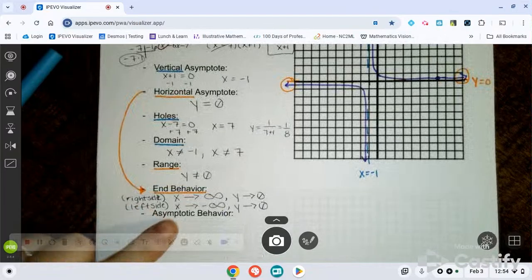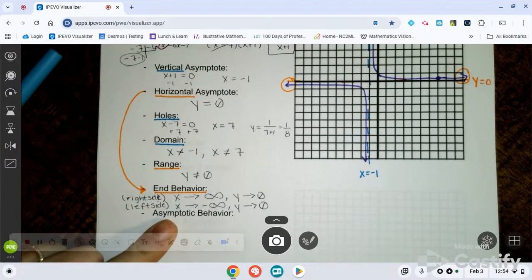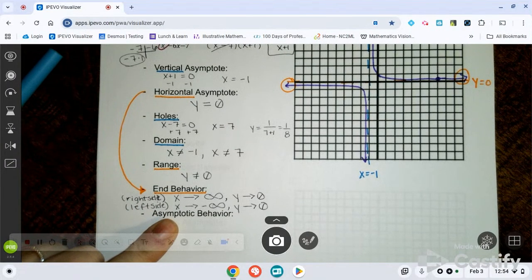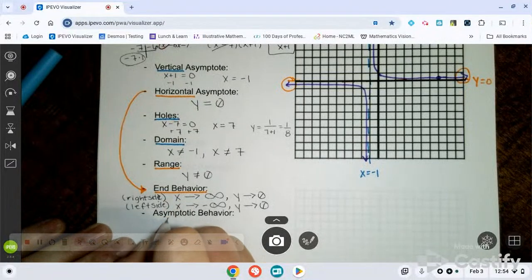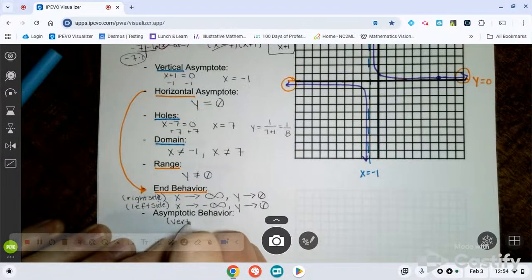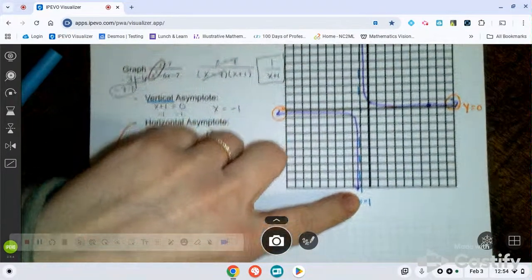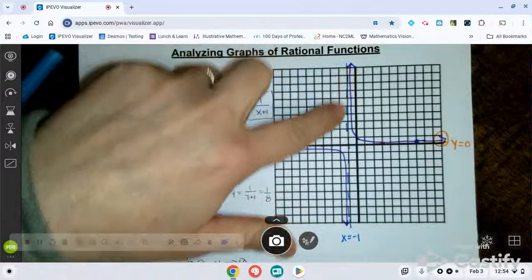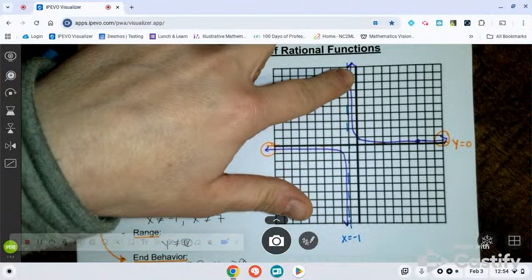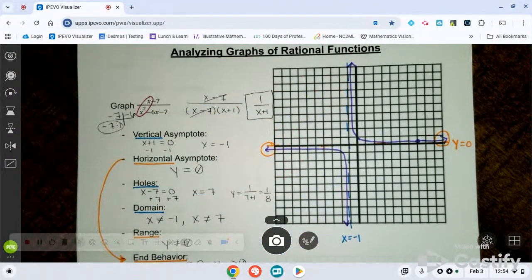When we're talking about asymptotic behavior, or what is happening at our vertical asymptote, I am going to look at what is happening on both sides of x equals -1. And we are going to write this in a very specific way.